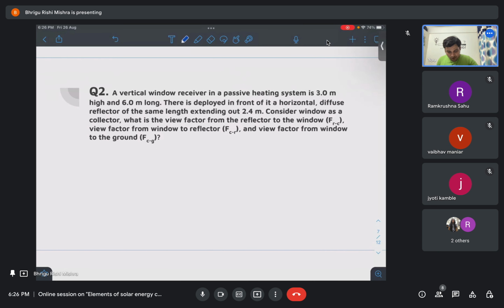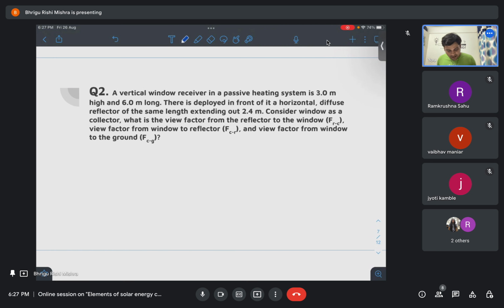So in this problem I have considered the radiation augmented from a reflector, or simply the case where one reflector is placed on the horizontal surface to enhance the radiation received by the collector.